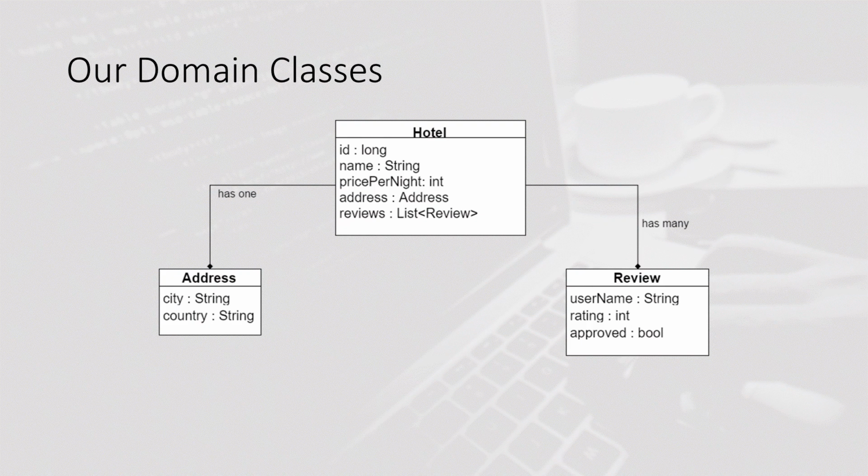Of course, address and review are different classes themselves, and together these three objects, hotel, address, and review, form an aggregate, and the root of this aggregate is the hotel entity. So in MongoDB, when we persist a hotel in the database, the whole object graph gets stored as a single document. There will be no relationships and no multiple collections to store these various classes. And now we can actually start and write some code.